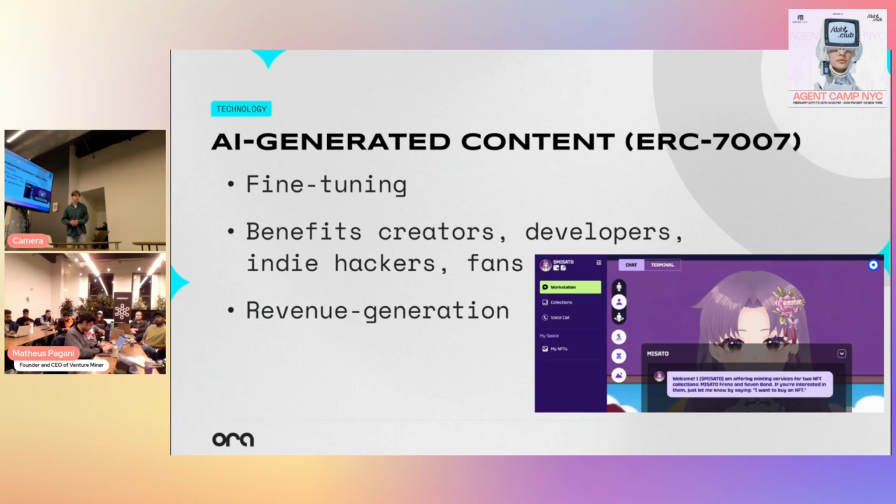As an artist, right now you can train a model on your content, your creative work, your art, and then offer that model as a product for your fans to interact with.